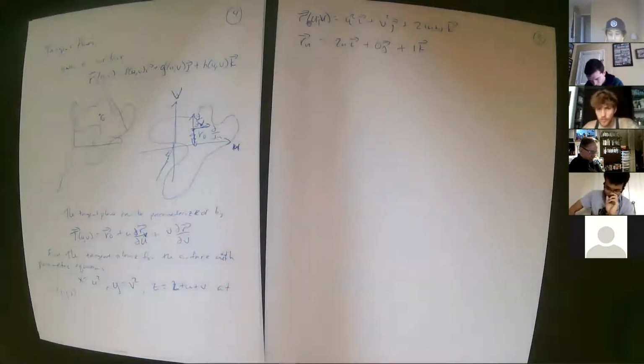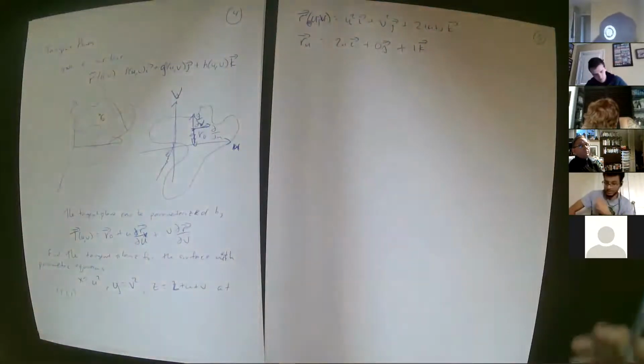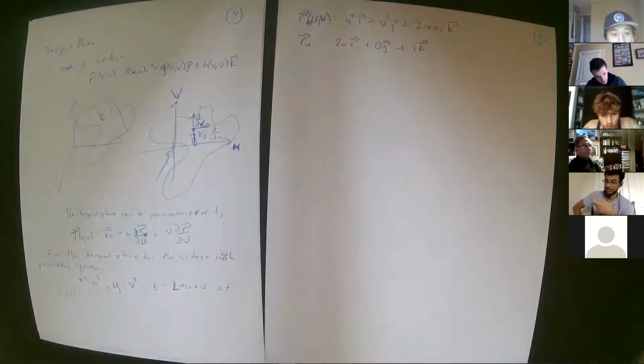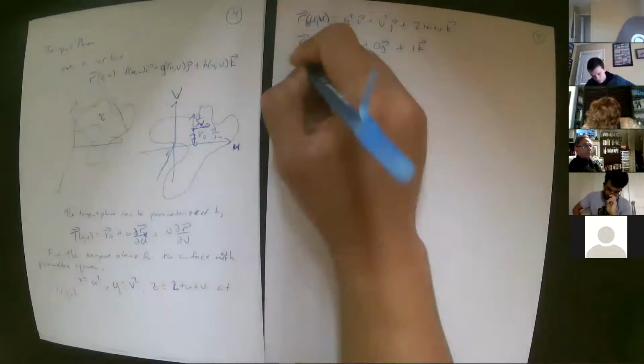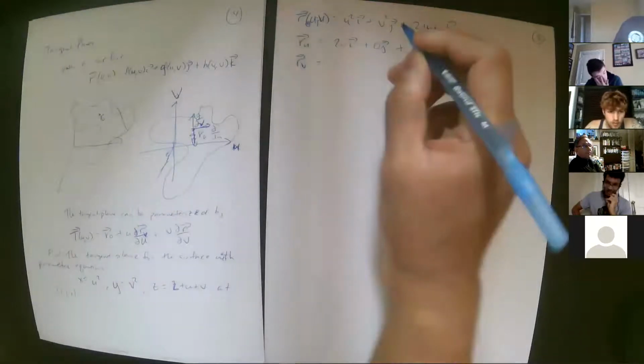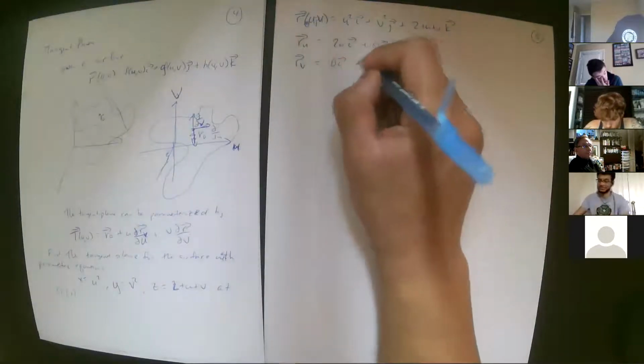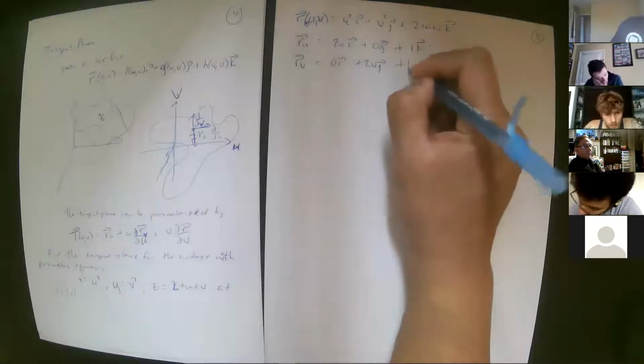It should be a vector. And r_v is 0i plus 2v j plus 1k.